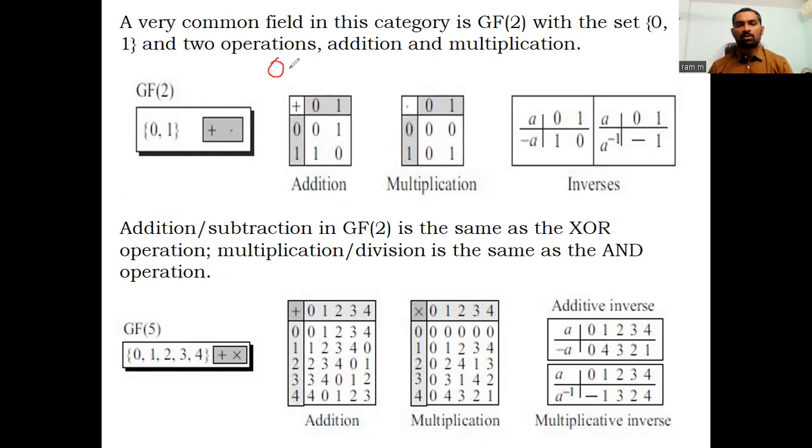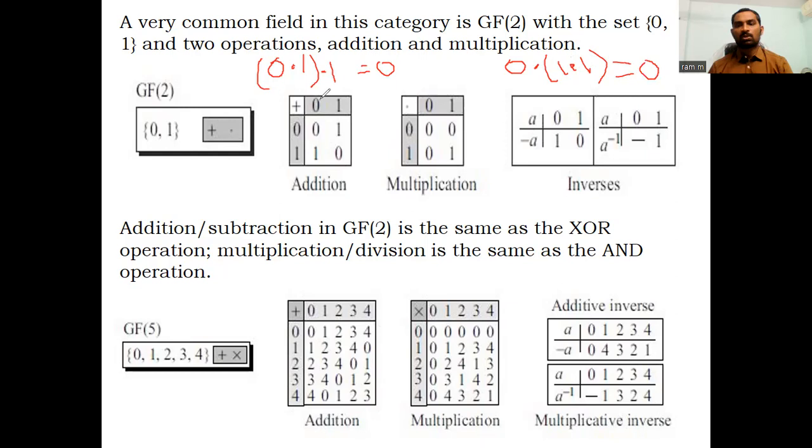I'll take (0 dot 1) dot 1, which should be equal to 0 dot (1 dot 1). 0 dot 1 is 0, multiplied by 1 is 0, so finally I get 0 here. Now on the other side, 1 dot 1 is 1, and multiplied with 0, again I get 0. So the associative property holds here also.